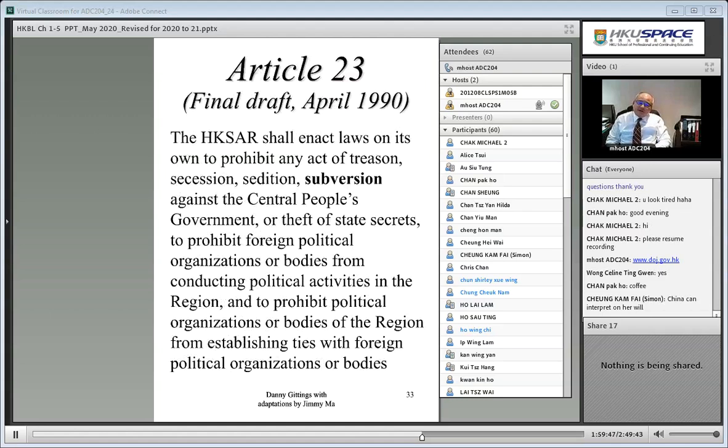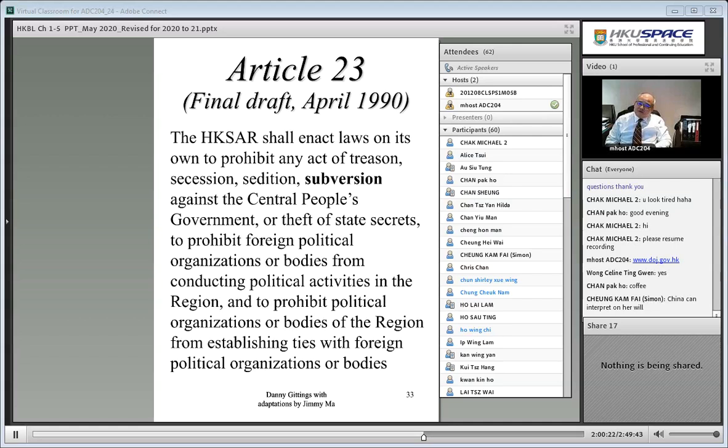Again, back to Article 23, and you see in bold type the word subversion was reinserted. When we are on Article 23, I just mentioned it briefly, which is the law of PRC on safeguarding national security in Hong Kong SAR.